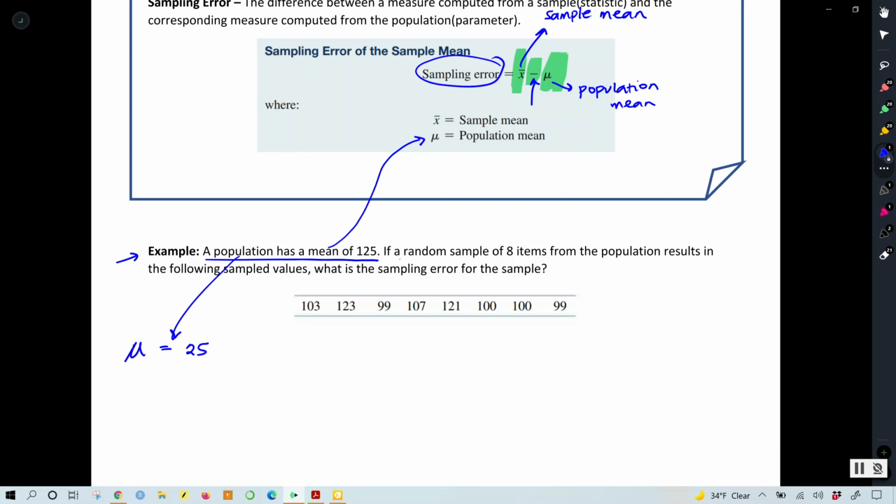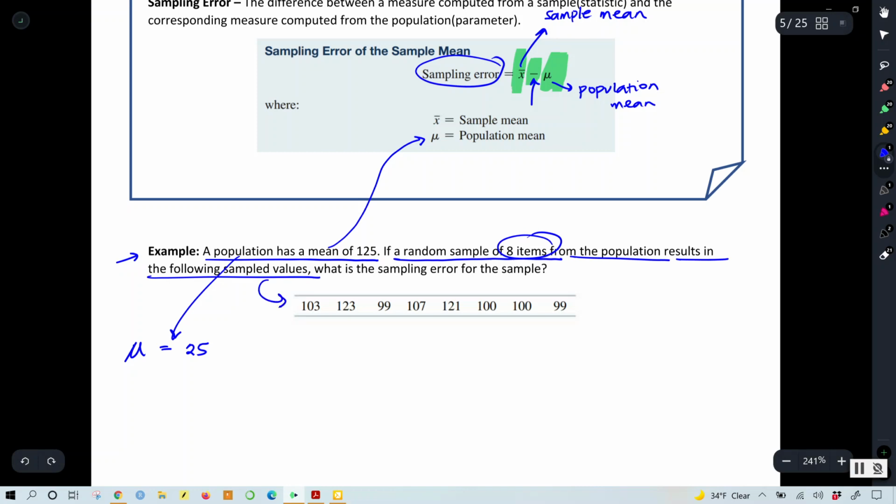However, if we choose a random sample of 8 items from the population, it results in the following sampled values. These are the sample values. And the question before us is, what is the sampling error for the sample? Note something. Every formula you have for a quantity is like a recipe.